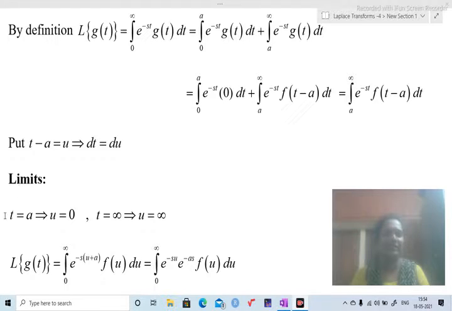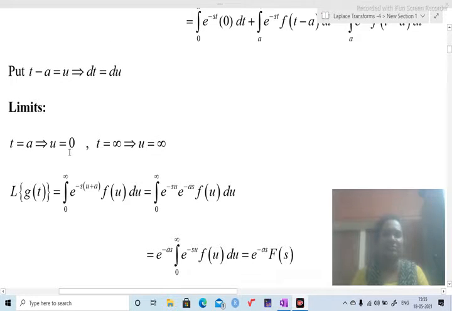Observe the limits of t are a to infinity. So, put t equal to a, a minus a equal to 0, so u equal to 0. Upper limit of t is infinity, infinity minus a is infinity only, so u equal to infinity. The limits of u are 0 to infinity.